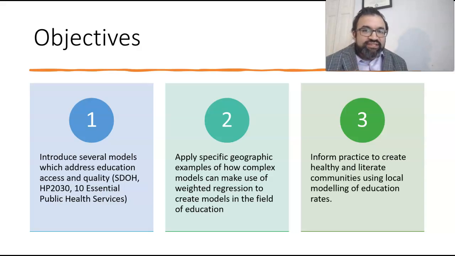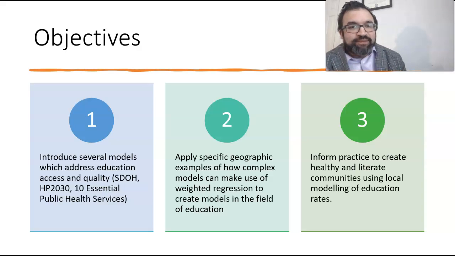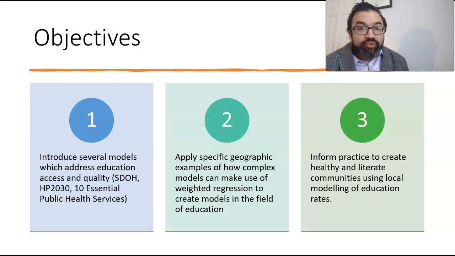In addition, I'll be framing this information from a mapping perspective within the context of several predominant existing models that I've done a lot of work with. We're going to be combining social determinants of health, Healthy People 2030, and the 10 essential public health services. These will be the guiding framework.